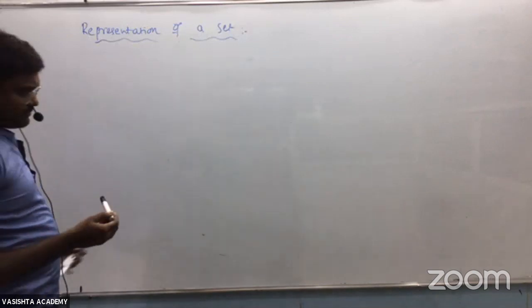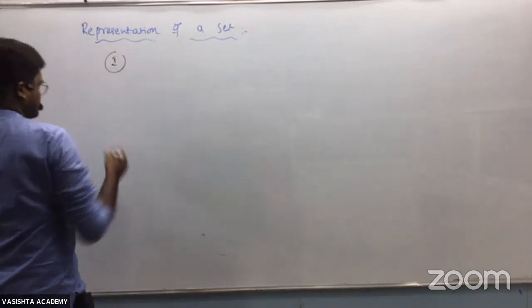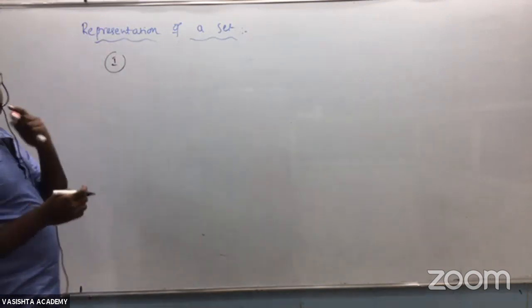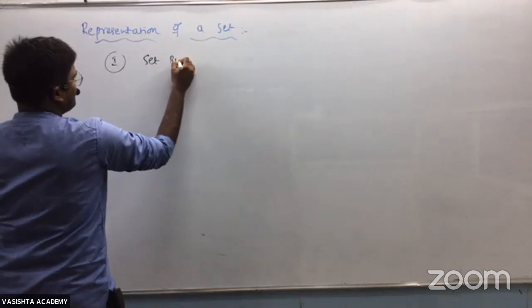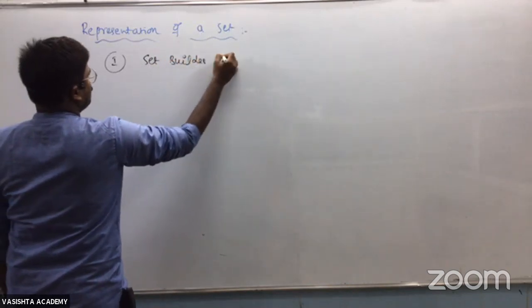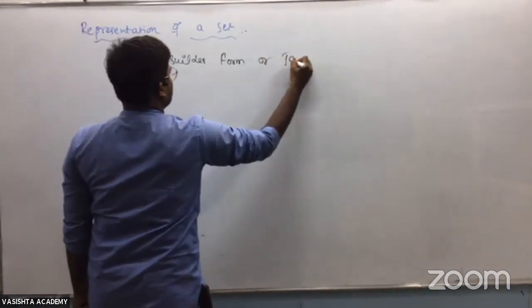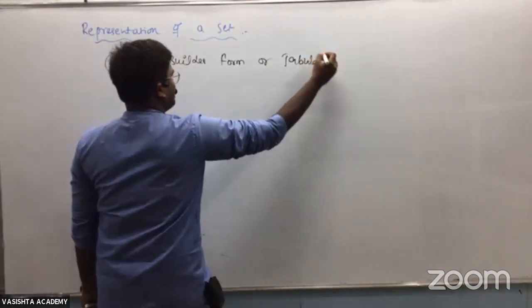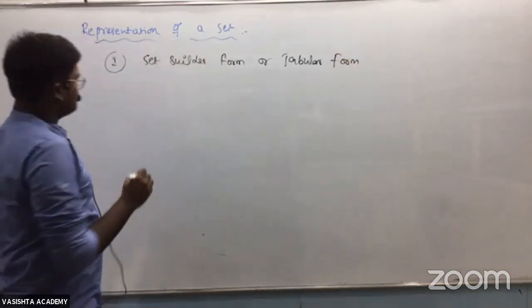Representation of a set. So there are two methods to represent a set. One is set builder form. It is also called as tabular form. Okay.